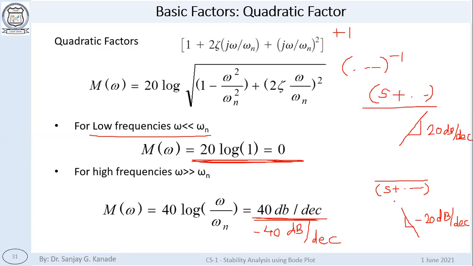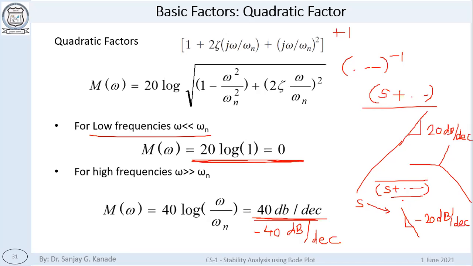If this is plain s, meaning only s, then there will be only this line. If it has something added to it, meaning it is in the form of 1 plus sT, then it will be of the shape like this or like this. Positive or negative slope depends on whether that factor is in the numerator or denominator. If it is in the numerator, slope is positive.